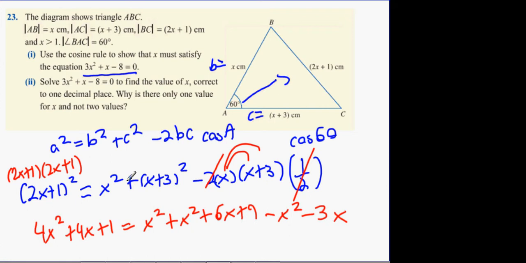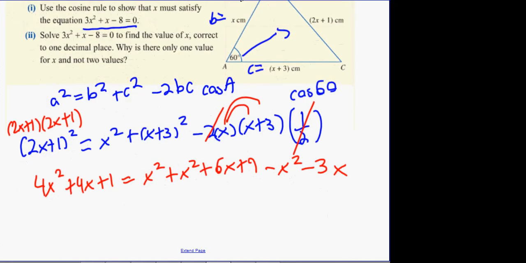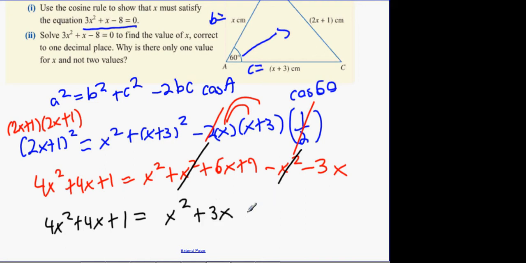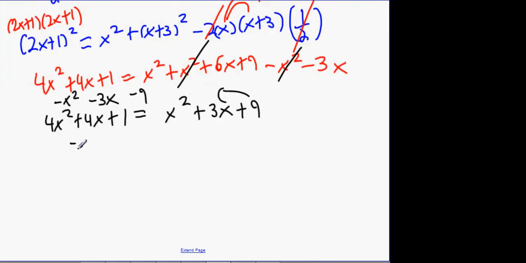Now that that's sorted out, we've got to start cancelling stuff. x squared cancels with x squared. 4x squared plus 4x plus 1 equals x squared plus 3x plus 9. Bring it over to the other side. Plus 9 becomes minus 9, plus 3x minus 3x, x squared minus x squared. What we get next is 3x squared plus x minus 8 equals 0.